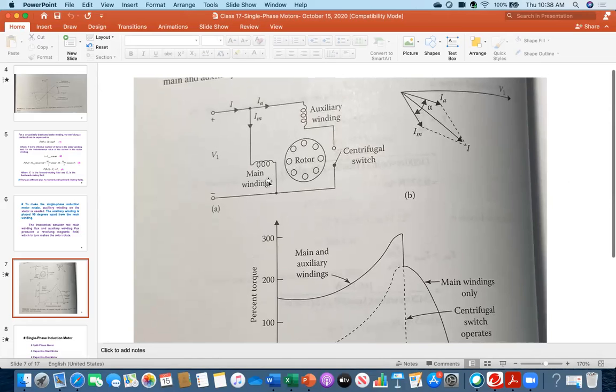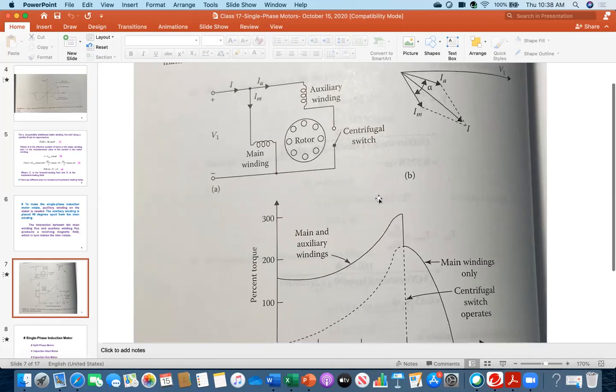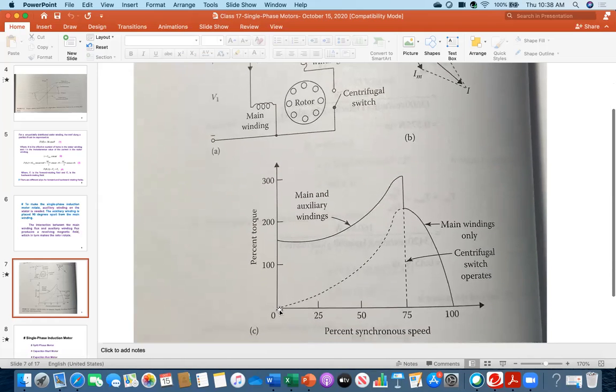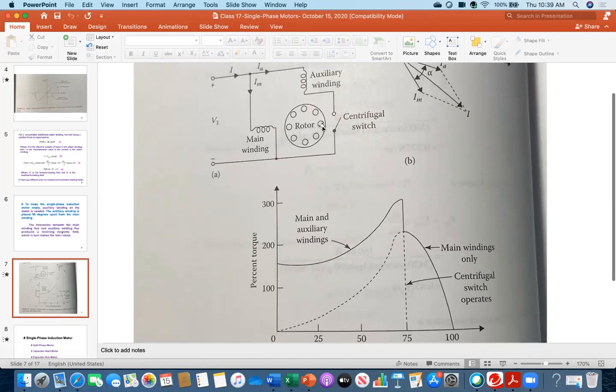Because the auxiliary winding and main winding cause some angle alpha, there is a difference in angle, and that angle is causing the torque to be produced. Because torque equals K Ia Im multiplied by sine of alpha. That is allowing some value at the zero moment, some starting torque. And that starting torque will make the rotor start to rotate.